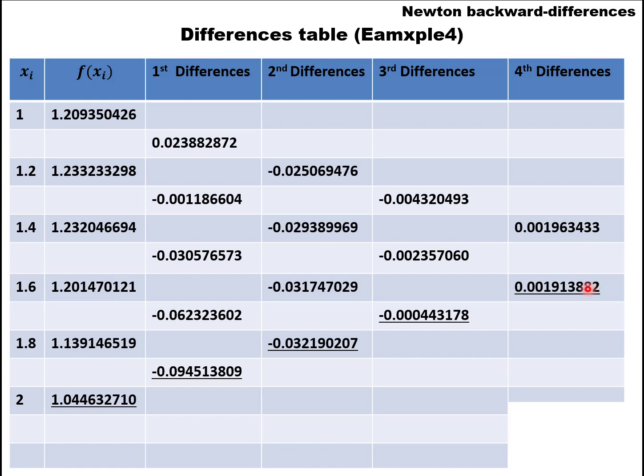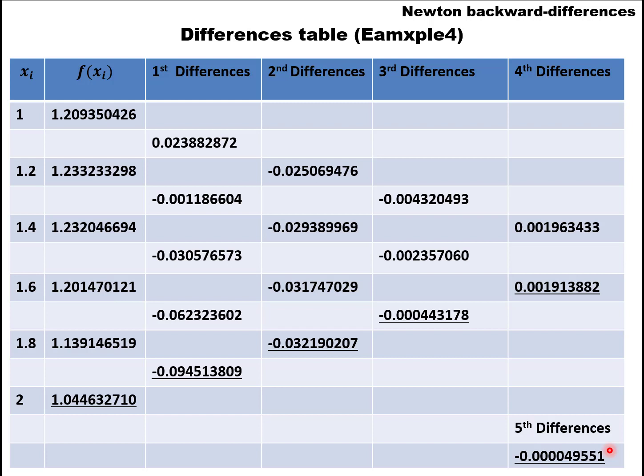And finally, this value minus this value gives us the fifth difference, which is given by minus 0.4049551. And this value is nabla raised to the power 5 f of x5. So we constructed the differences table.